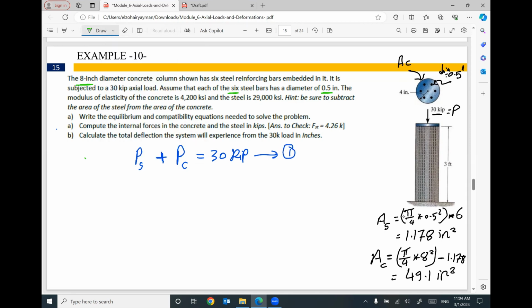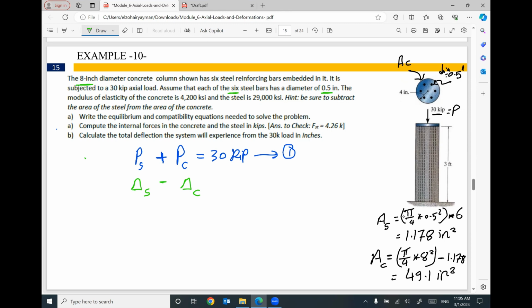The amount of force supported by steel will cause delta steel. The amount of force supported by concrete will cause delta concrete. Because the two materials are working together as one unit, both of them will contract by the same amount.